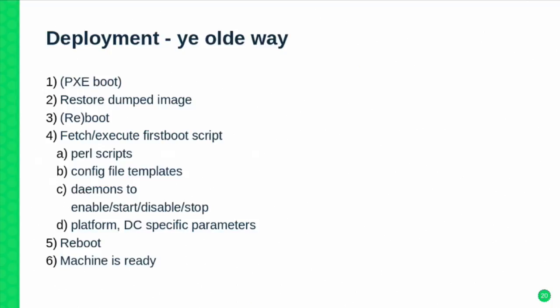Then it reboots the machine, and then our handwritten first boot script runs, which is written in Perl with some additional modules, and it's deploying config file templates, tells the system which daemons to start or stop, and also does all the platform and DC-specific parameters, sets like NTP servers, DNS servers, LDAP servers, also for the pools. Then it reboots again, and finally the server is ready.